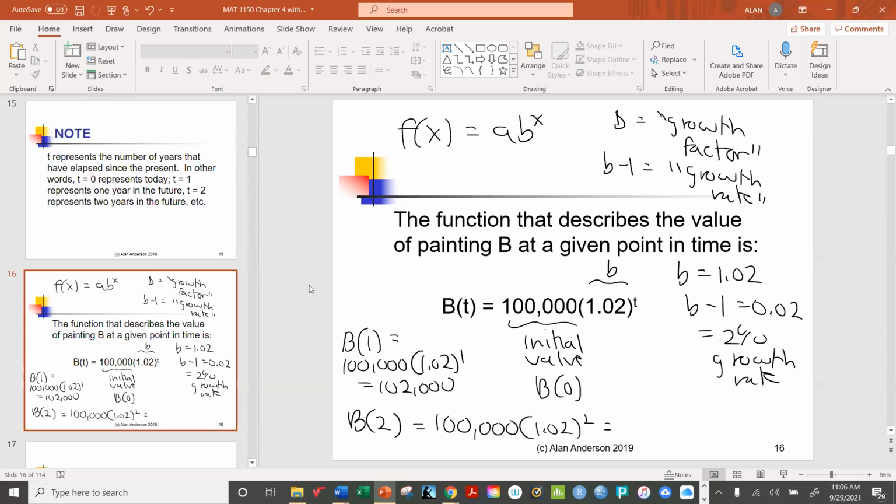Instead of adding $4,000, we're multiplying by 1.02 squared, and so we end up with $104,040. Now, the difference isn't that great after 2 years, but as time goes by, this painting B will grow more quickly in value than A, and eventually it'll be worth a lot more money.